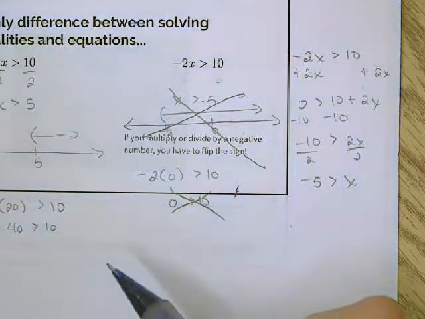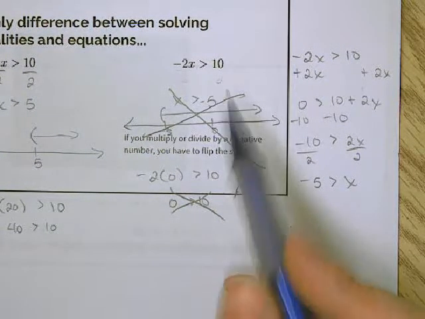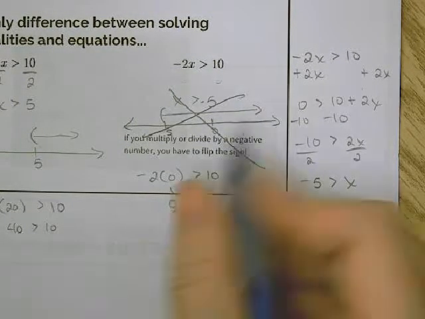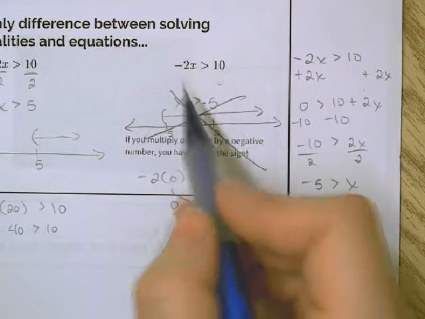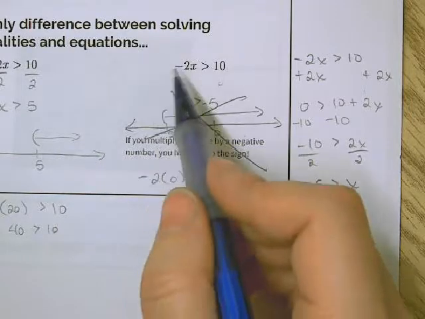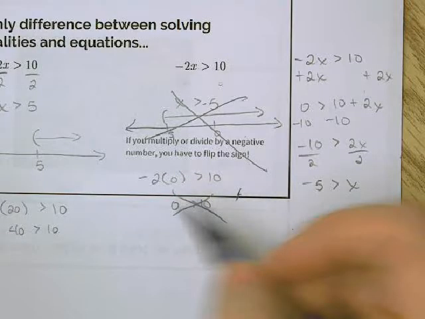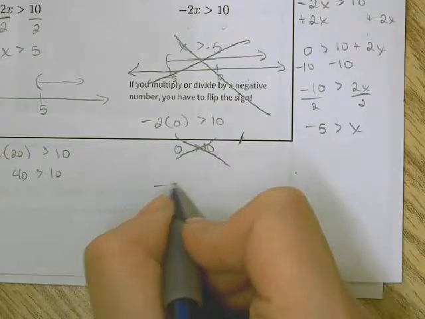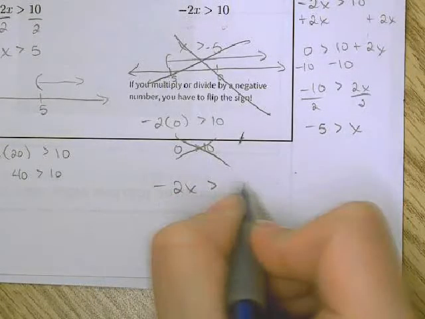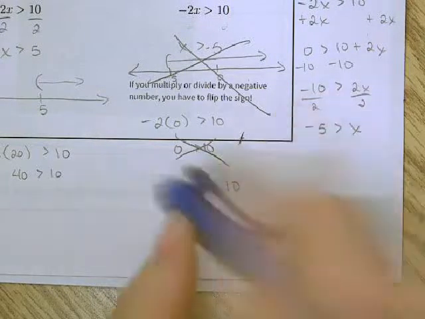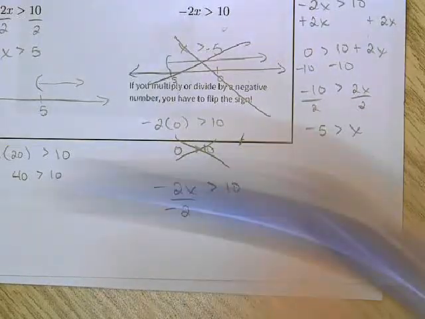So what happens is if you divide or multiply by a negative number in order to solve for x, you have to switch the sign. So if I have negative 2x is greater than 10, back to my original problem, and I divide by negative 2, then I'm left with x.